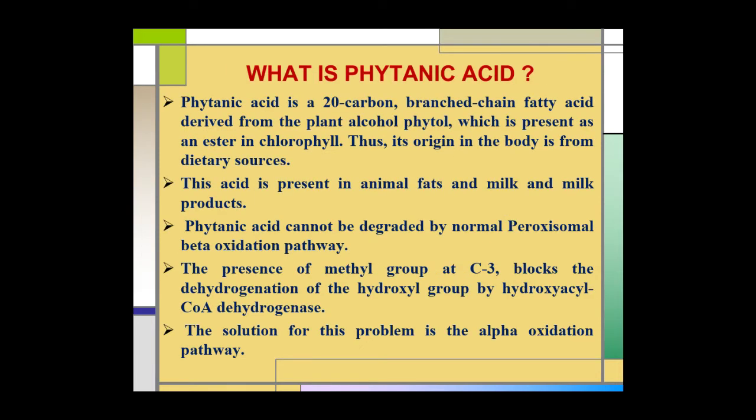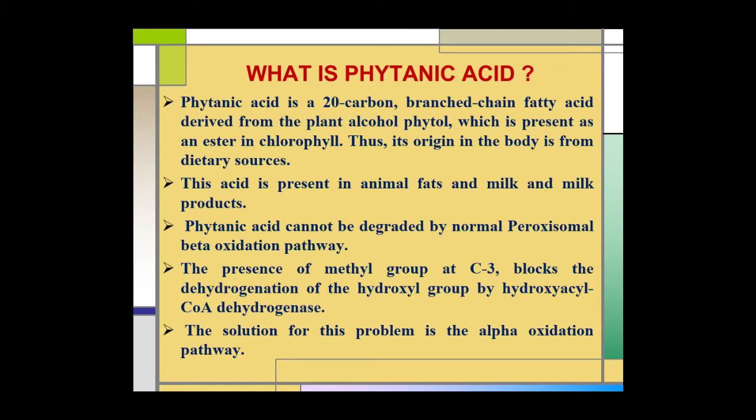What is phytanic acid? Phytanic acid is a 20 carbon branched chain fatty acid. It is derived from the plant alcohol phytol, which is present as an ester in chlorophyll. Thus, its origin in the body is from dietary sources. This phytanic acid is present in animal fats and milk products.